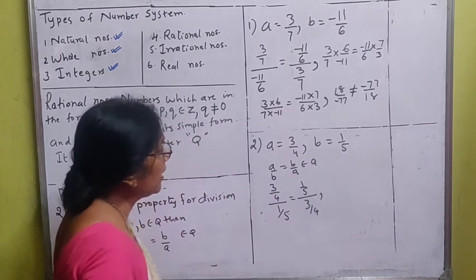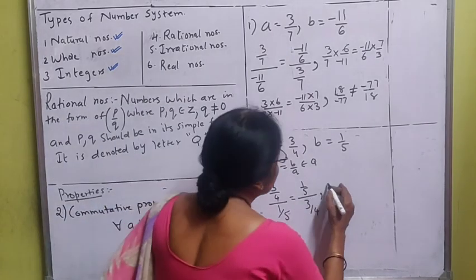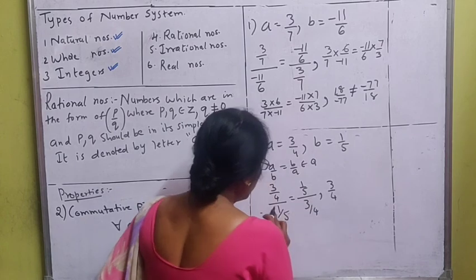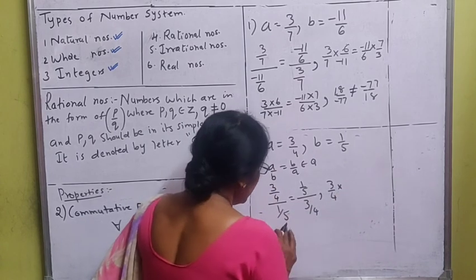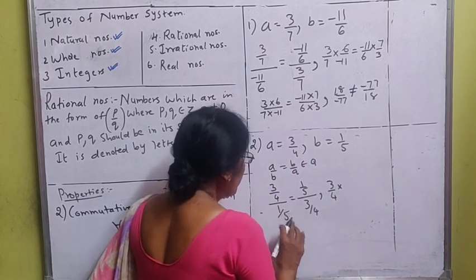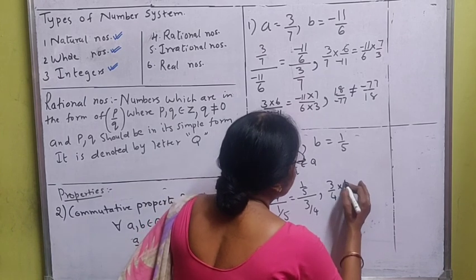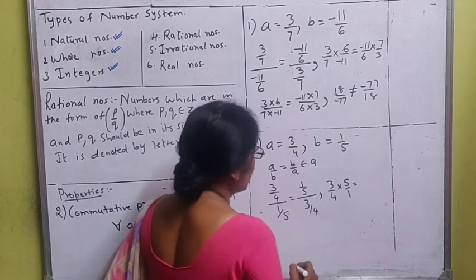So what happens over here? 3 by 4 you keep as it is. Division you make it multiplication. So the denominator rational number becomes its reciprocal, 5 by 1.